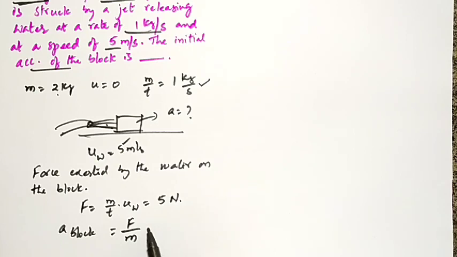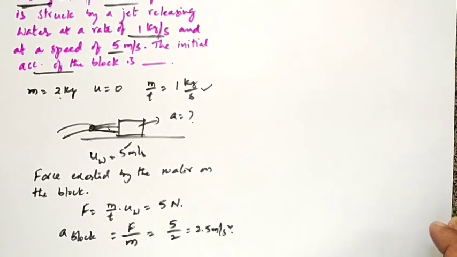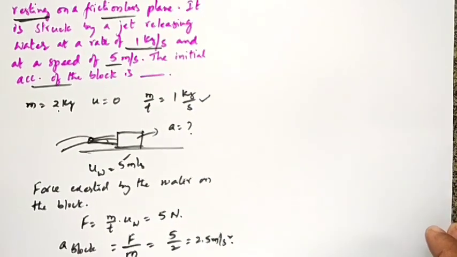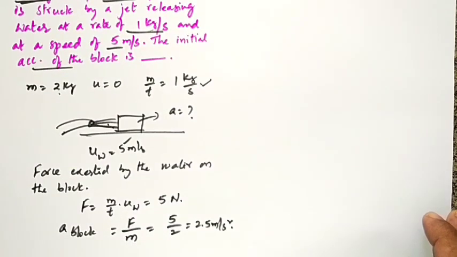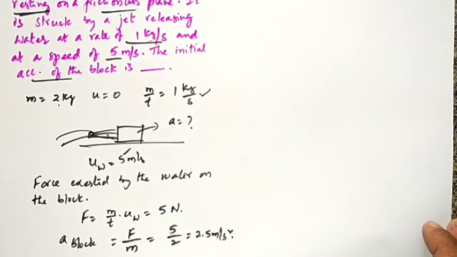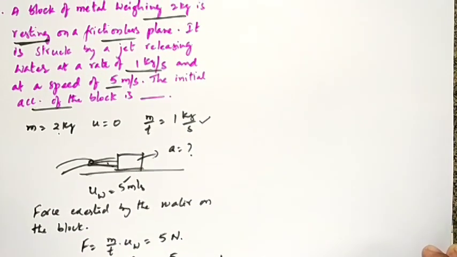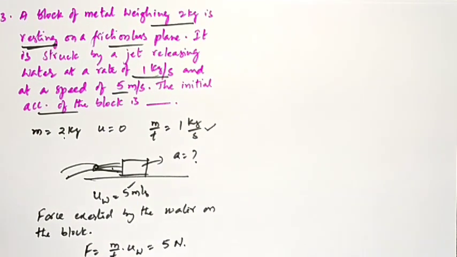That is 5 by 2, that is 2.5 meters per second square. Clear? See how easy the problems are. You need to understand what is given in the problem and what we need to calculate, that is what is required.